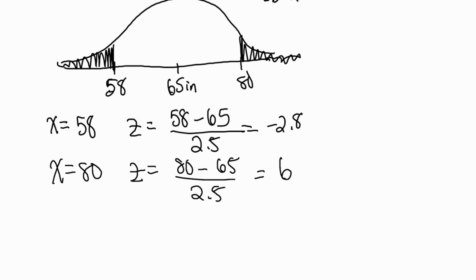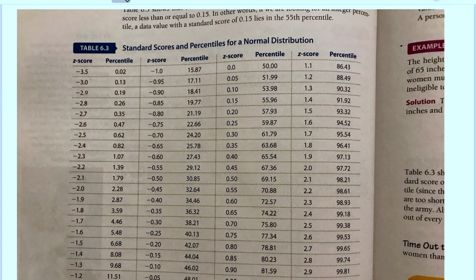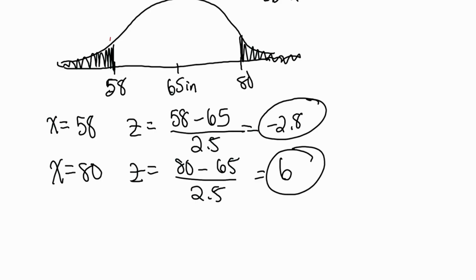So now we can use this to look it up on the chart. A z-score of negative 2.8, that's right here, gives us a percentile of 0.26. So that means this shaded area to the left represents 0.26 percent of the population. So it's a very small value. Very few people are going to be less than 58 inches tall.